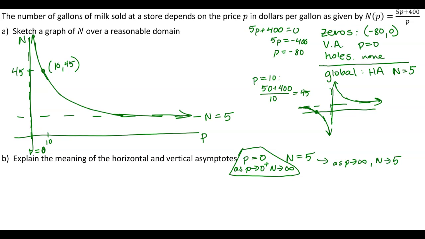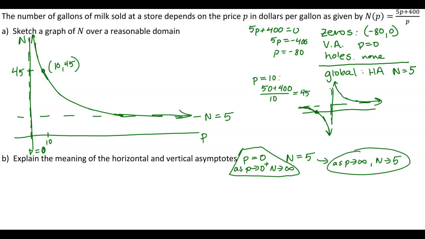I think that makes sense to say that according to my model, if I was able to keep shrinking this price down, demand would go crazy, right? It would just get bigger and bigger and bigger the cheaper I made it. Again, realistically, there's probably some cap on that. Maximum number of people in the area and how many gallons of milk they'd want anyways. I don't think somebody probably wants 1,000 gallons of milk because you wouldn't be able to use it, but I think it gives the right idea.